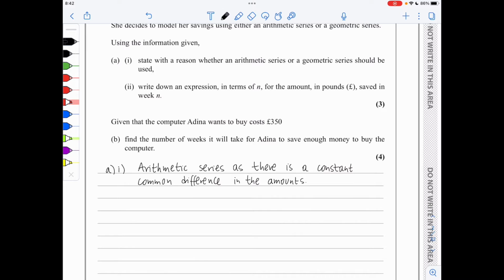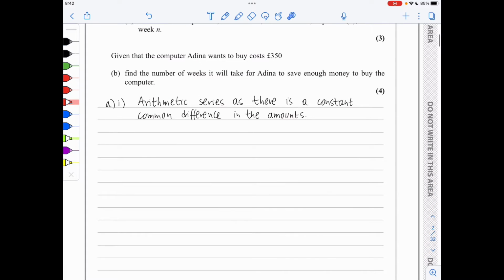In IAL, we need to write down an expression in terms of n for the amount in pounds saved in week n. So we can draw up a table here, with the week and the amount. In week 1 the amount is £5.